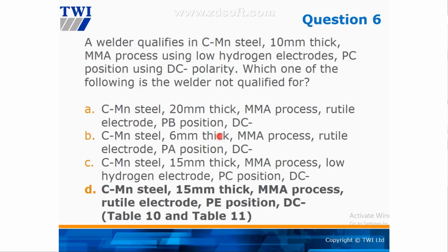All right, number 6. Welder qualified on carbon manganese steel 10 mm thickness, MMA process using low hydrogen electrode, PC position using DC negative, which of the following is the welder not qualified for? All right, check the thickness first. Look at table 10 and 11.